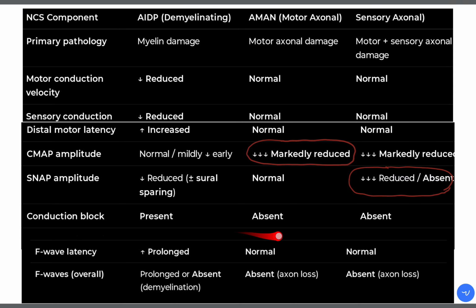This will again come to the same point B. This whole two-way pathway is the F wave latency, which gets prolonged in AIDP. Understandable, because the myelin is damaged, so this two-way running of the action potential will be affected. Therefore, the F wave is prolonged. But that will be normal in AMAN and AMSAN.